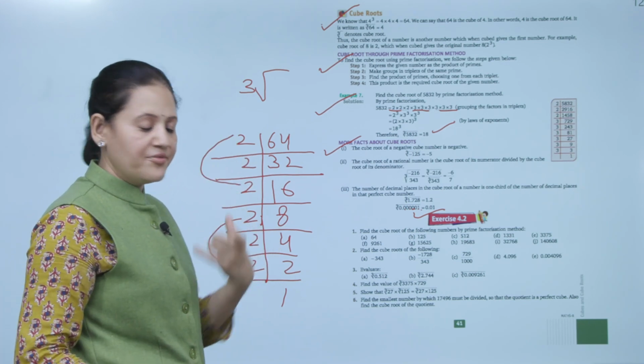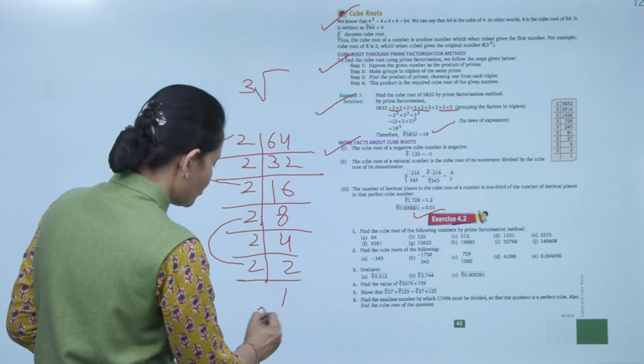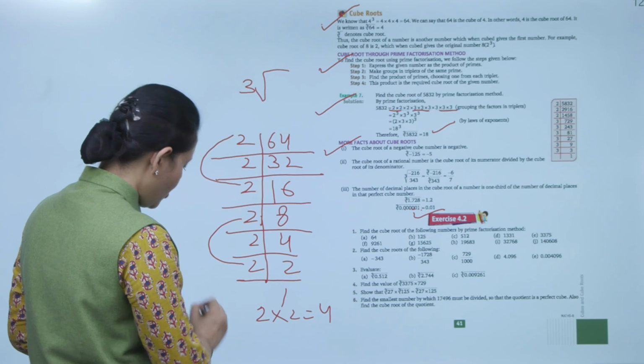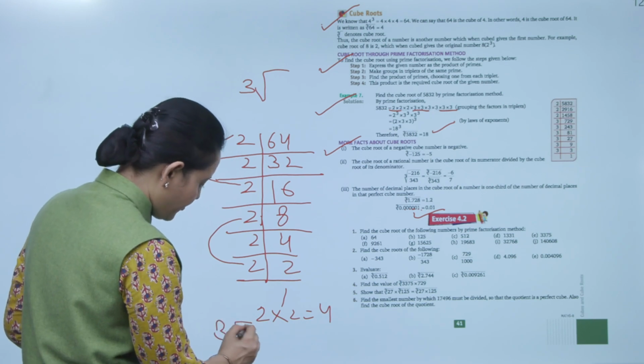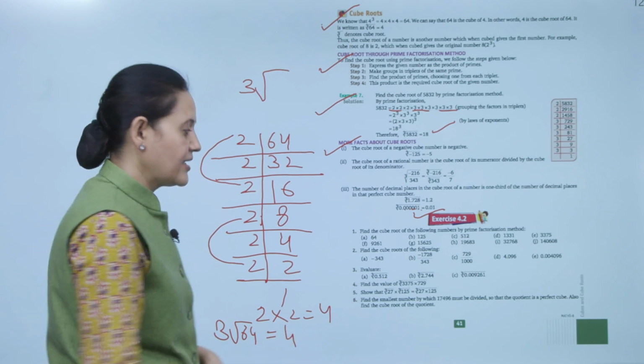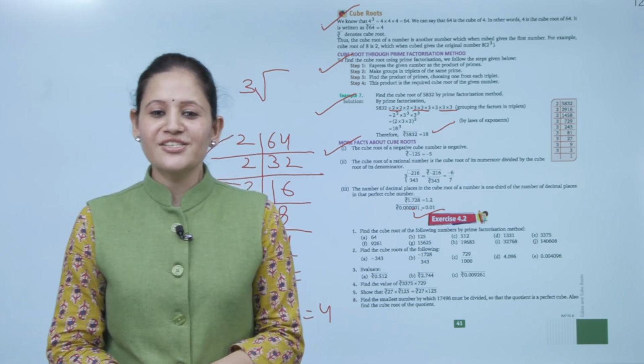From every triplet we'll take one number. So, that is equal to 2 into 2, that is 4. So, cube root of 64 is equal to 4. Clear? Practice all the questions of this exercise.